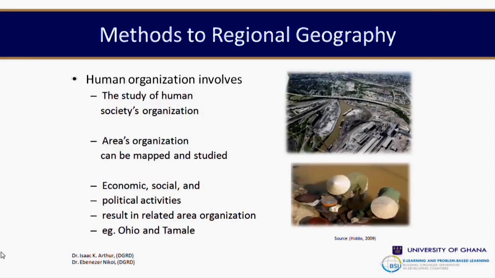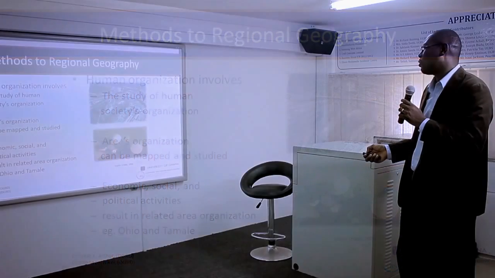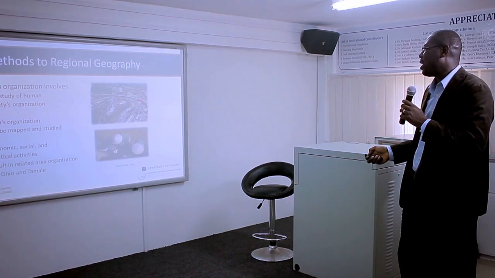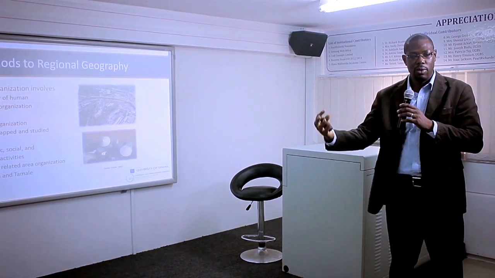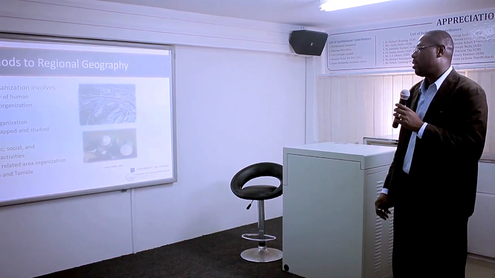So you see this place as a region. And you probably want to study the movement of, let's say, vehicles from one area. So you can map this area and see how cars or trains move from one area like this to the other, to study the frequency, the flow of this thing.